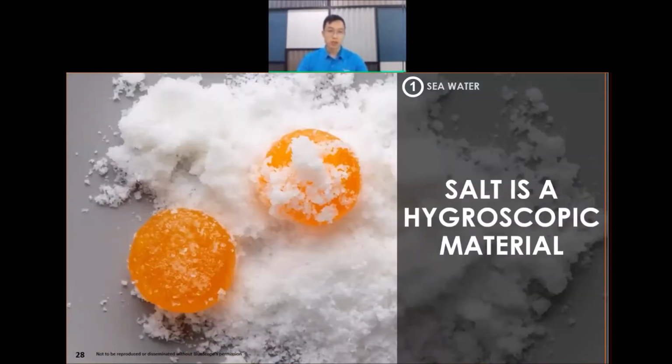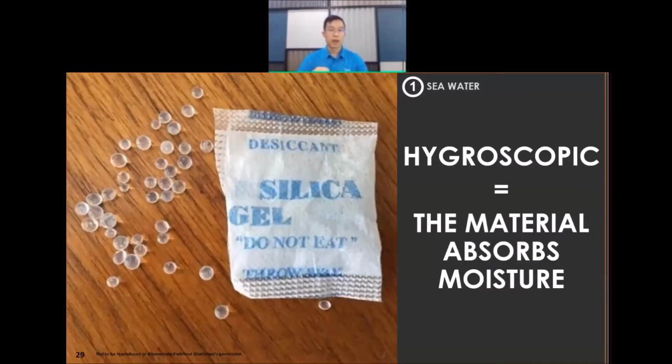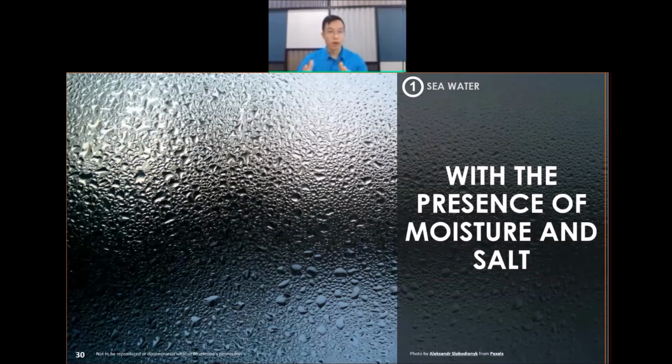One of the characteristics of salt is called hygroscopic. Okay, so salt itself, just like curing meat or drying vegetables, actually absorbs moisture out of the substance. Same thing, salt settling onto building surfaces actually absorbs a lot of moisture, especially if the environment is very humid, such as in Malaysia.